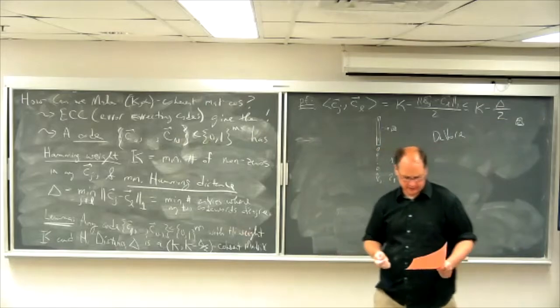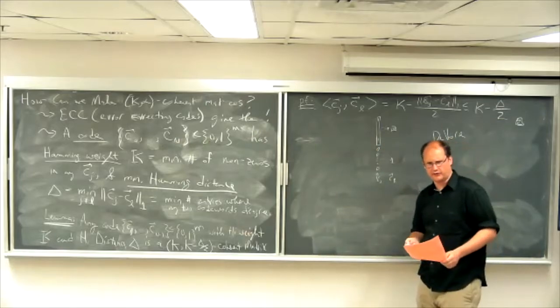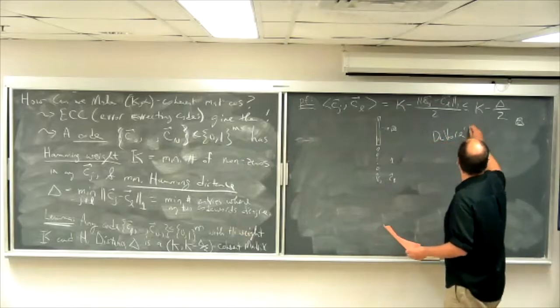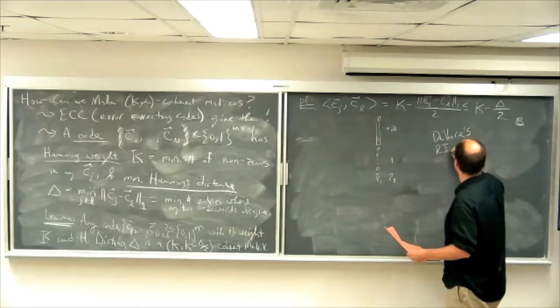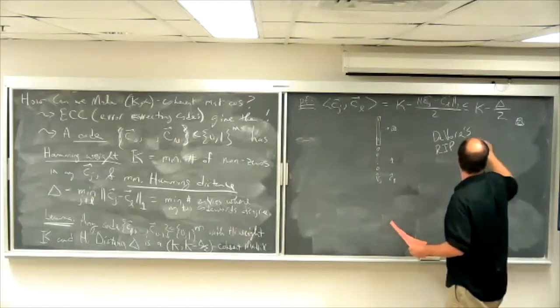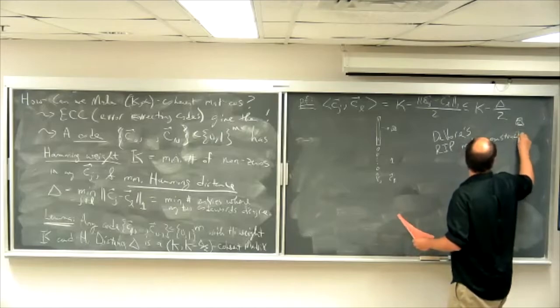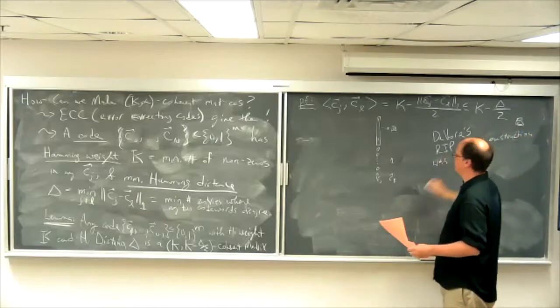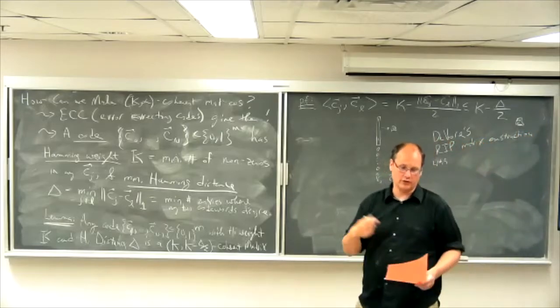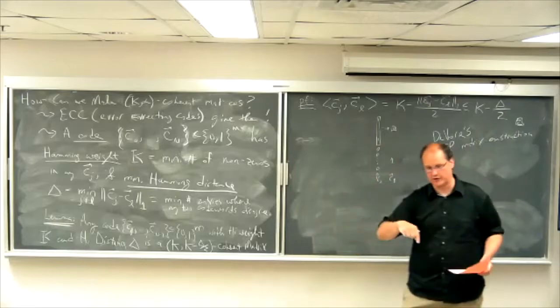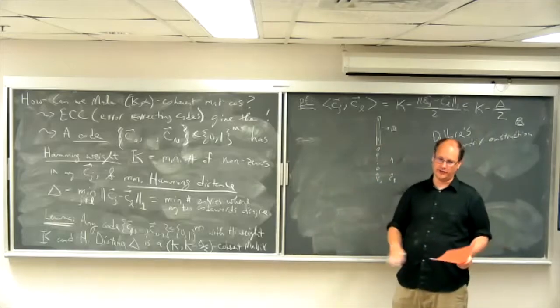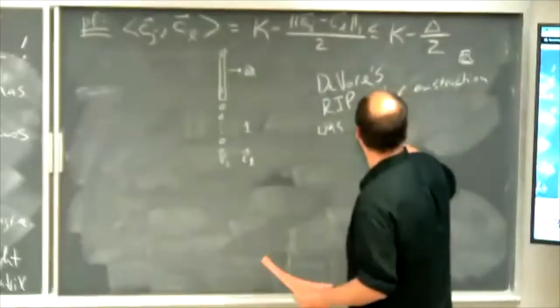It was the first one, I think, back in like 2007 or something like that. So DeVore's RIP matrix construction was a Reed-Solomon code in disguise. If you look up what a Reed-Solomon code is and you go back and read DeVore's proof, you'll see he wrote down a Reed-Solomon code.